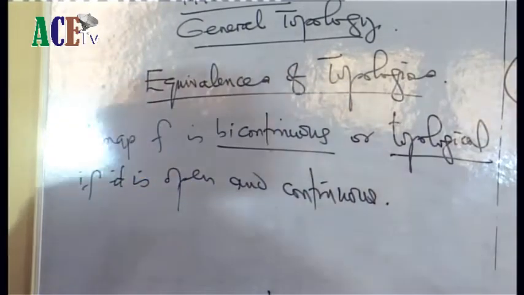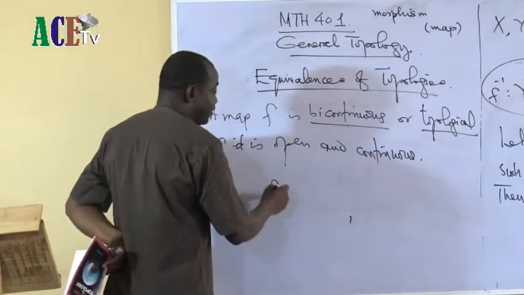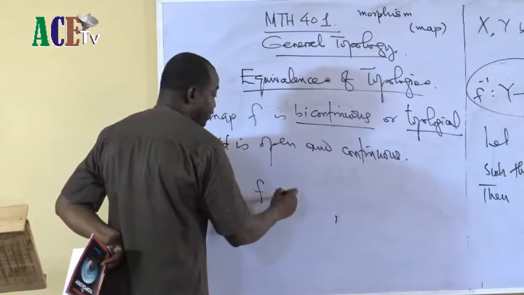When do you say a map is open? You say a map is open if it maps an open set to an open set.